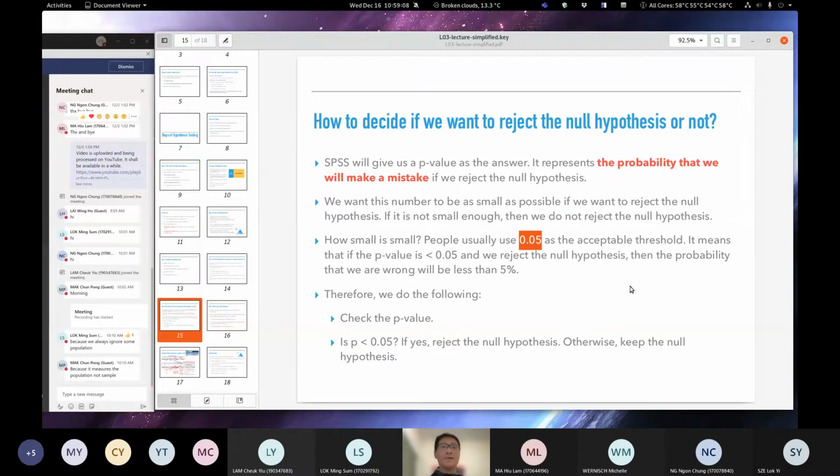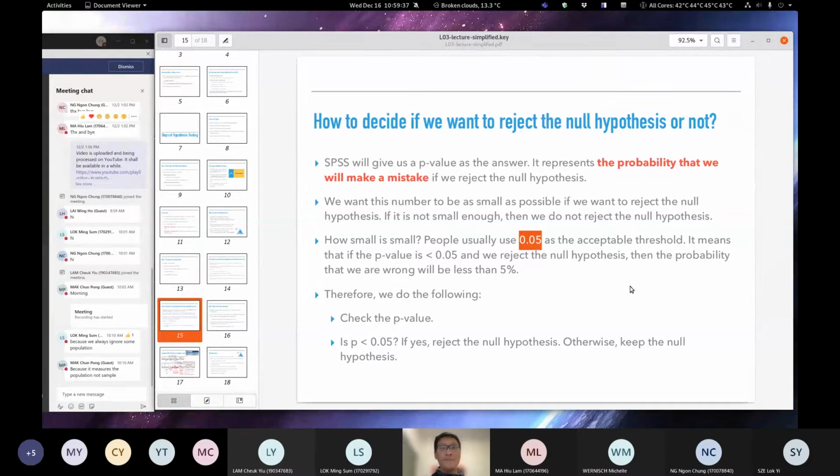Some people are willing to accept that. But some other people want to set a higher standard. So in that case, they might be using a smaller number as the reference value, just like they might be using 0.01 as the reference. 0.01 means that I can only accept 1% error probability, but not more.